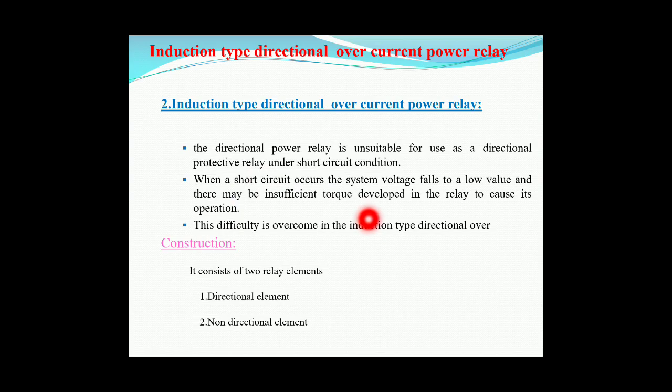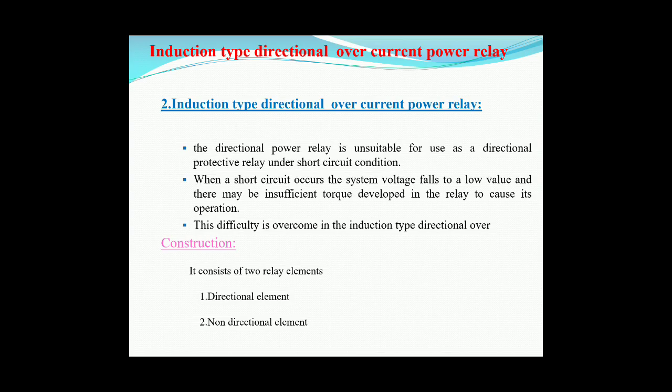When a short circuit occurs, the voltage is very low, therefore less torque is developed. We overcome this problem by using the induction type directional overcurrent relay, which is independent of the system voltage and power factor.